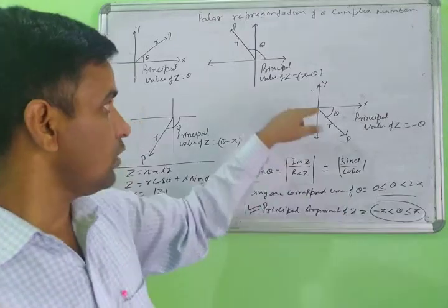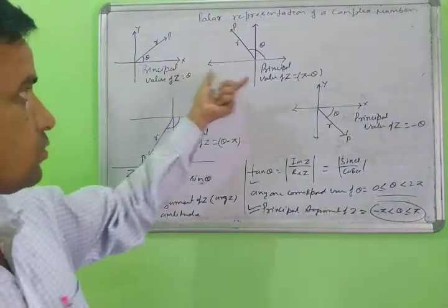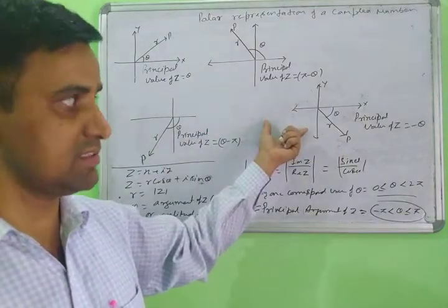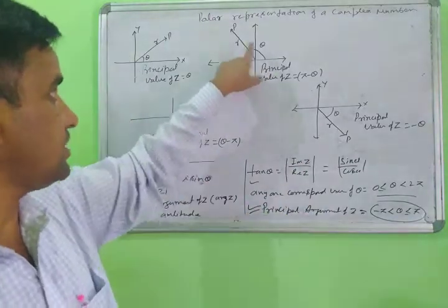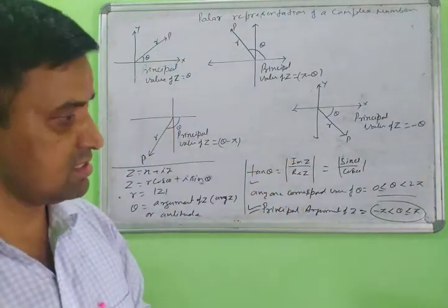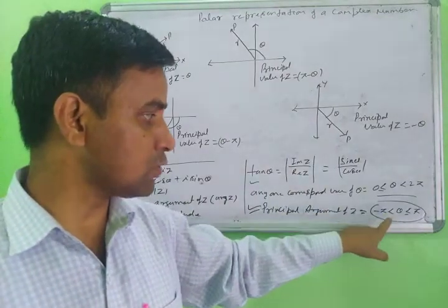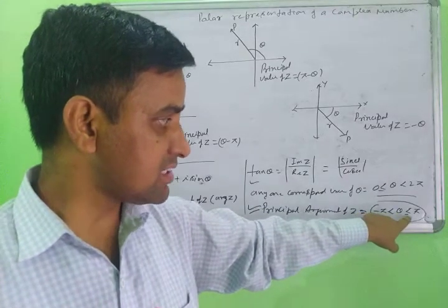Corresponding value means you are always counting anti-clockwise, but here we count anti-clockwise in the first two quadrants, and in the other two we count clockwise. So we always take the principal value of theta, called the principal value of the argument of z. It belongs to minus pi less than theta less than or equal to pi.